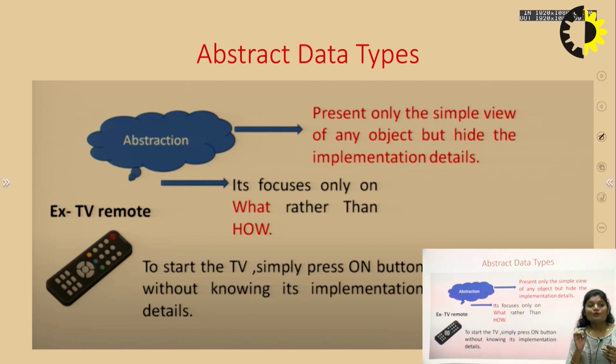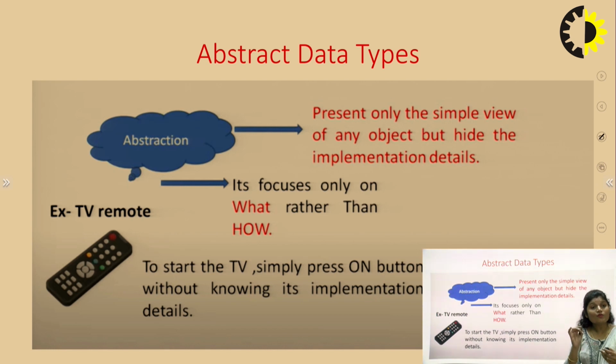So what is abstraction? Abstraction is focusing on what rather than how. You only want to know what you want to do. You want to start the TV, so you simply click. You don't know about the implementation part. So this is called abstraction.